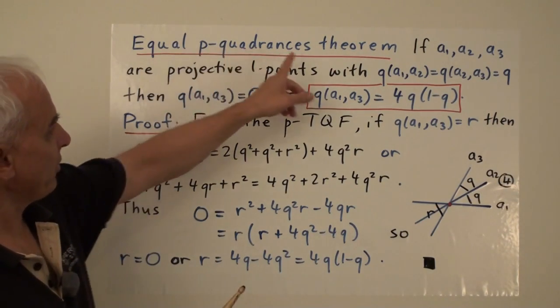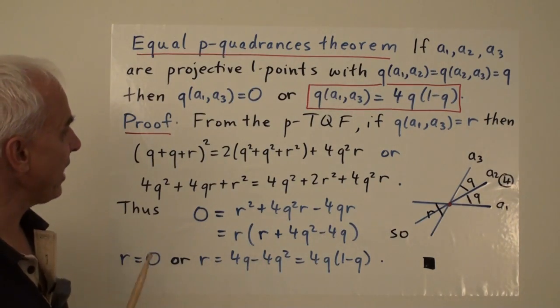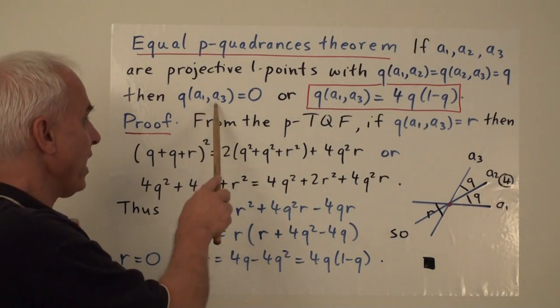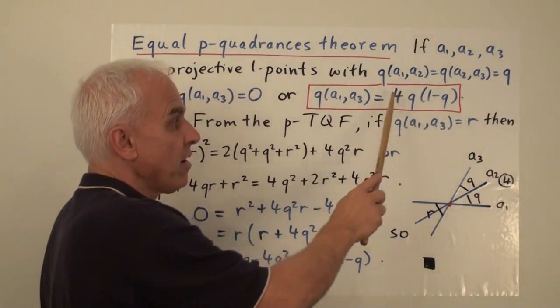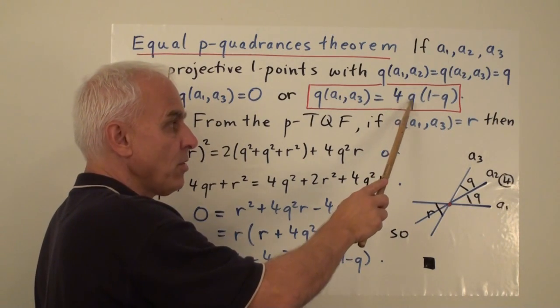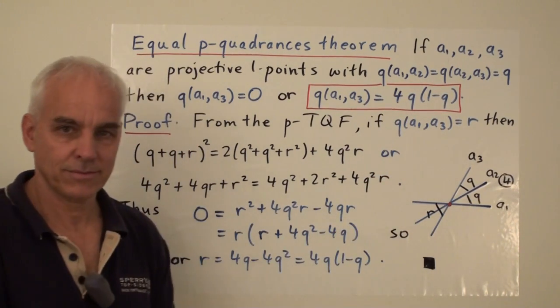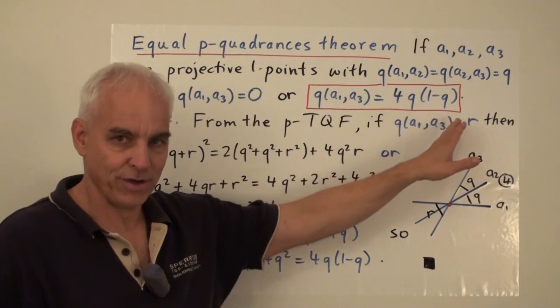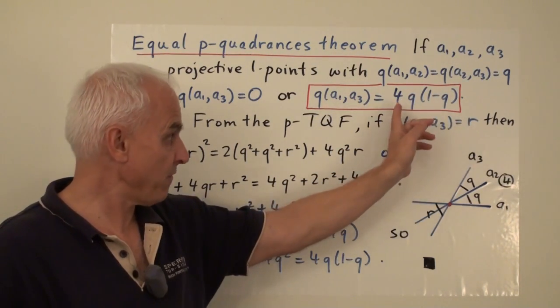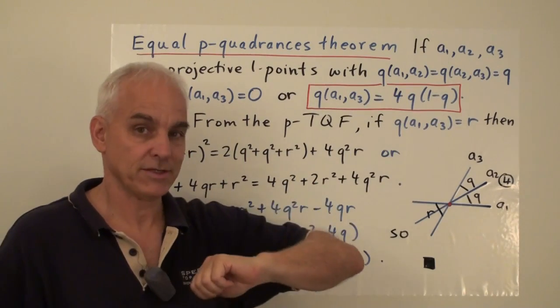So this equal quadrances theorem says that in that case, the quadrance between A1 and A3 is either 0 or this quantity, 4 times Q times 1 minus Q. This is quite an important expression in rational trigonometry. 4 times Q times 1 minus Q.